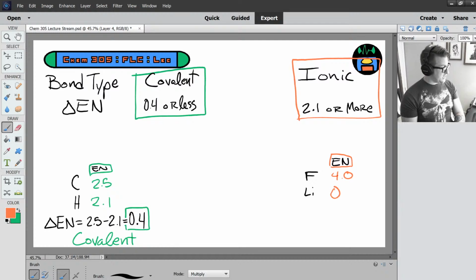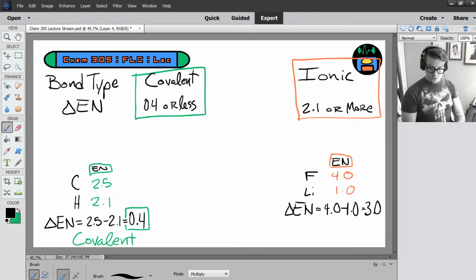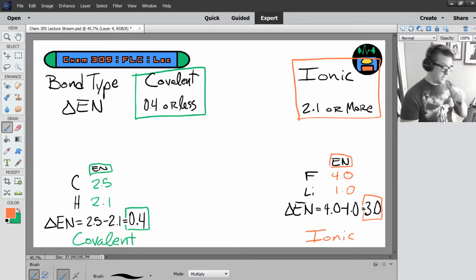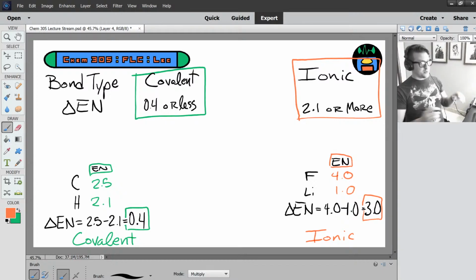The electronegativity for lithium is 1.0. So the difference in electronegativity between fluorine and lithium is 4.0 minus 1.0, which equals 3.0. That difference is greater than 2.1, so these two elements form an ionic bond. Excellent question, Parthana.